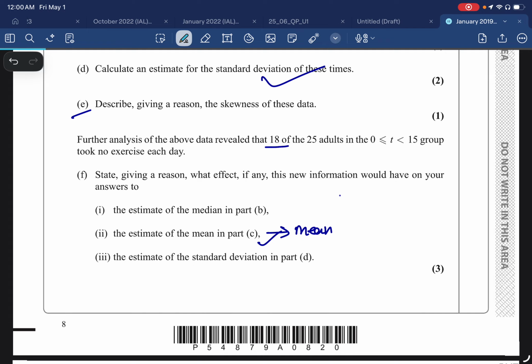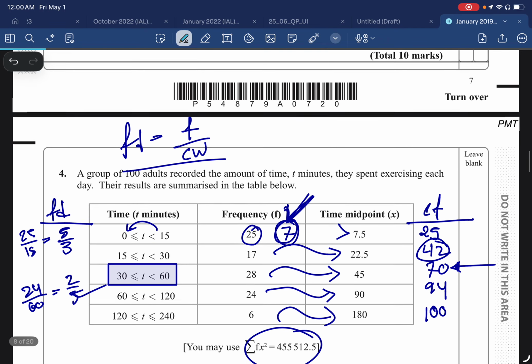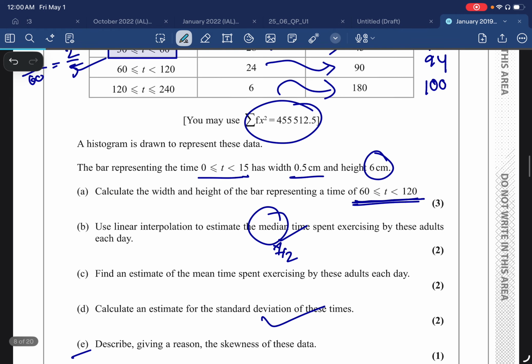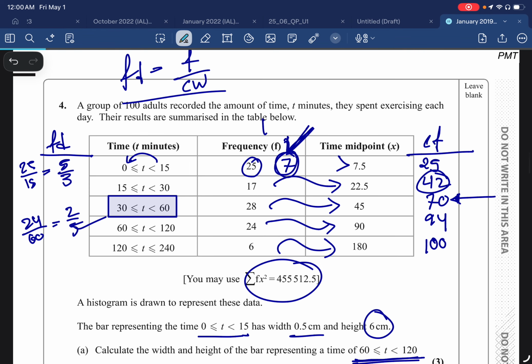Now, standard deviation, I have to think about this. Standard deviation is how far something is from the mean. So since now the mean is smaller, the standard deviation would be larger. Because now the remaining 18 are going to be like 0. So now the zeros count, and now the data is more spread out.